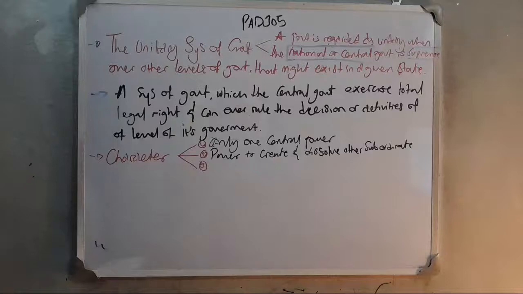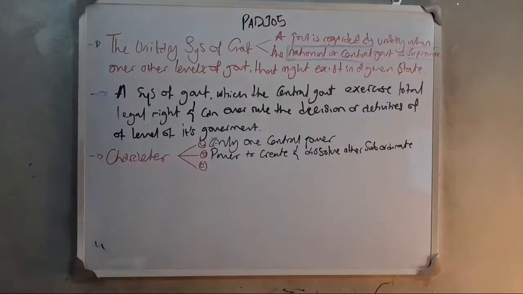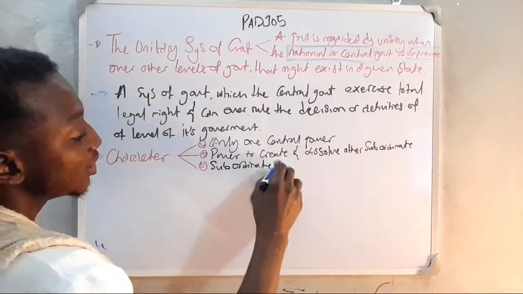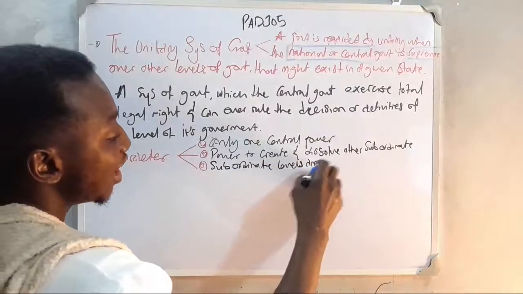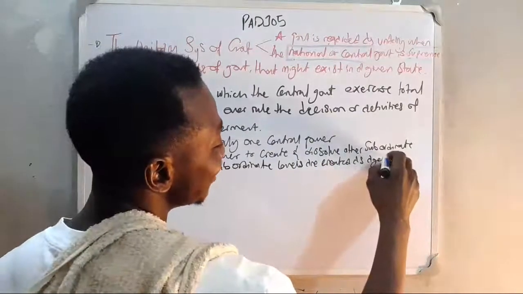So we have that as that. Now we have the characteristics, as we have made mention of two already. The subordinate levels are created as agents.